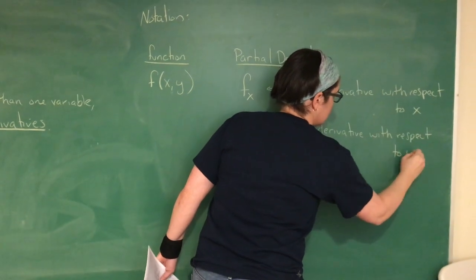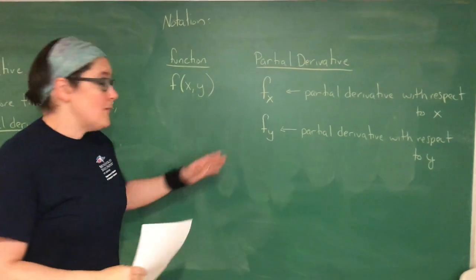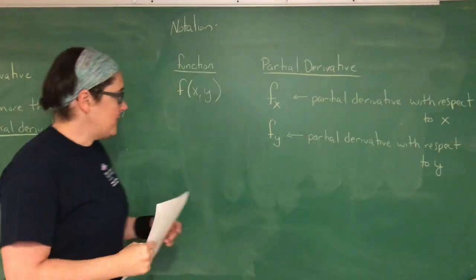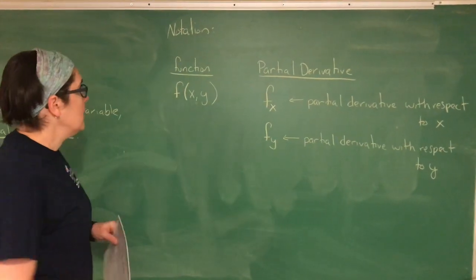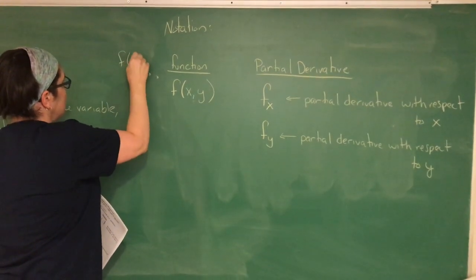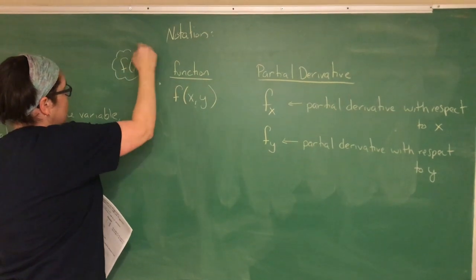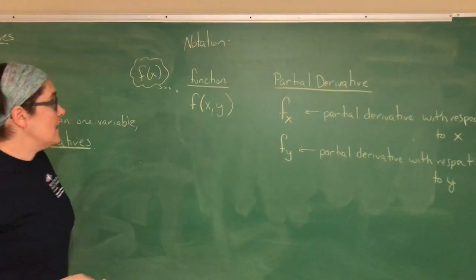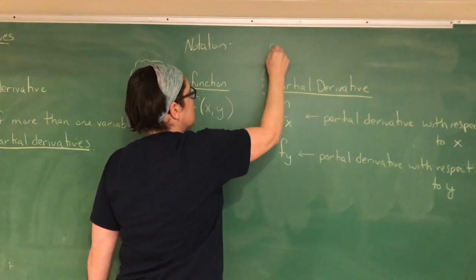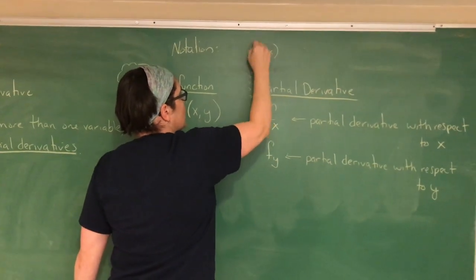And you might be saying, well, wait a second, Diane, time out. When we talked about functions of one variable, like the function f of x, our corresponding derivative notation was a prime.